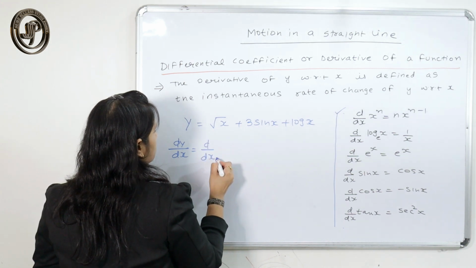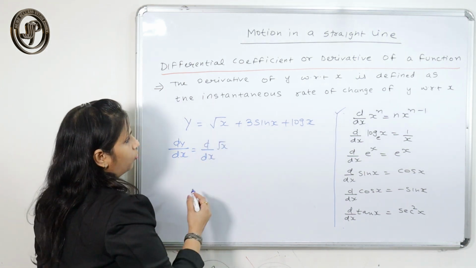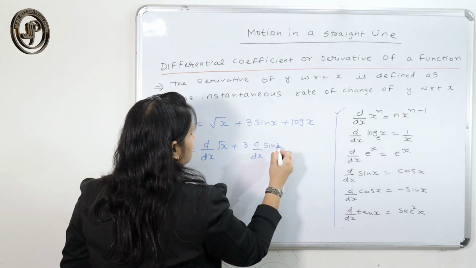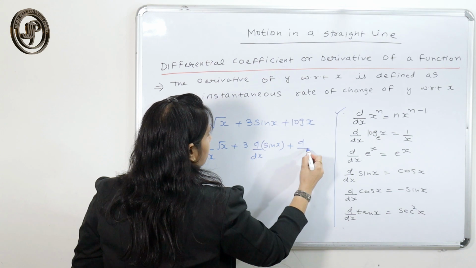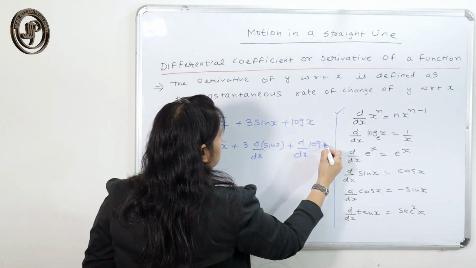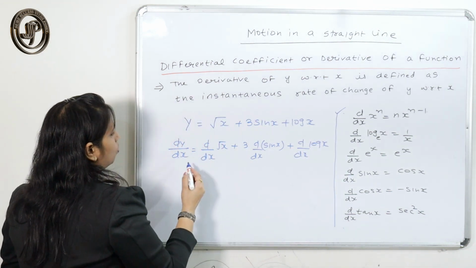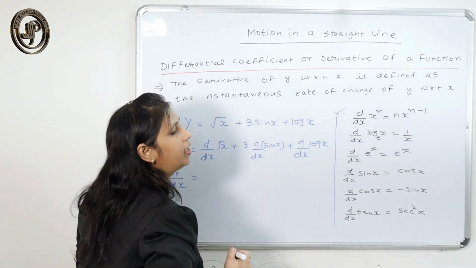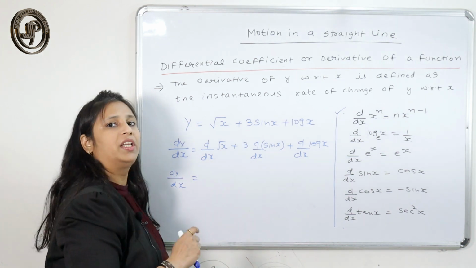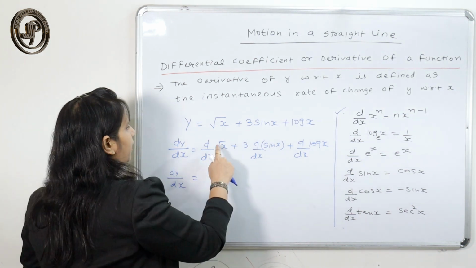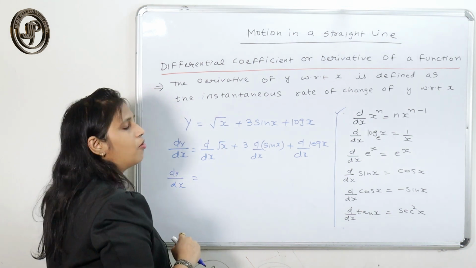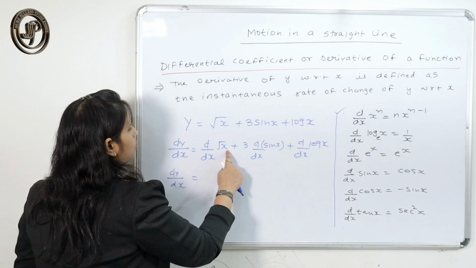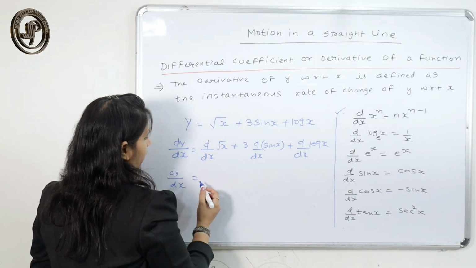So how can I do this derivative? d by dx of root x plus 3 d by dx of sin x plus d by dx of log x. How do we find the derivative of root x? Root x means the power of x is, sorry, not x by 2, it is 1 by 2.